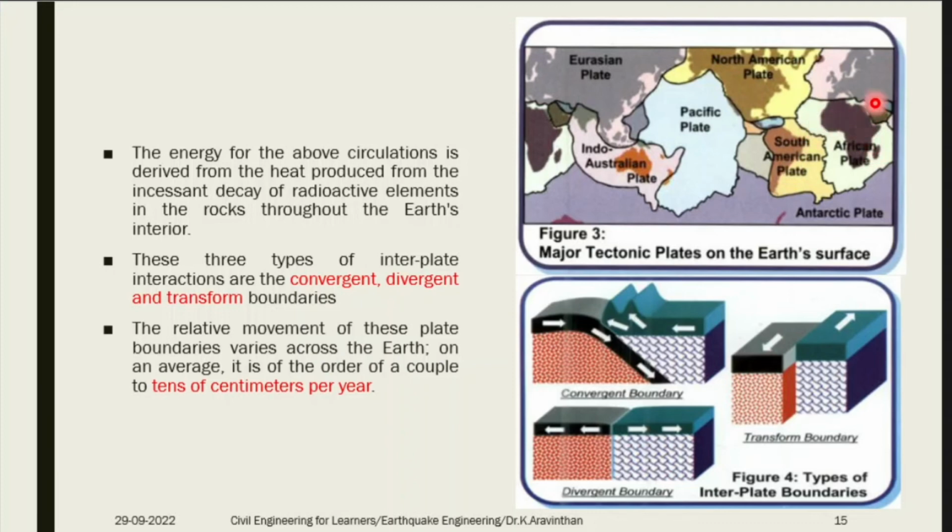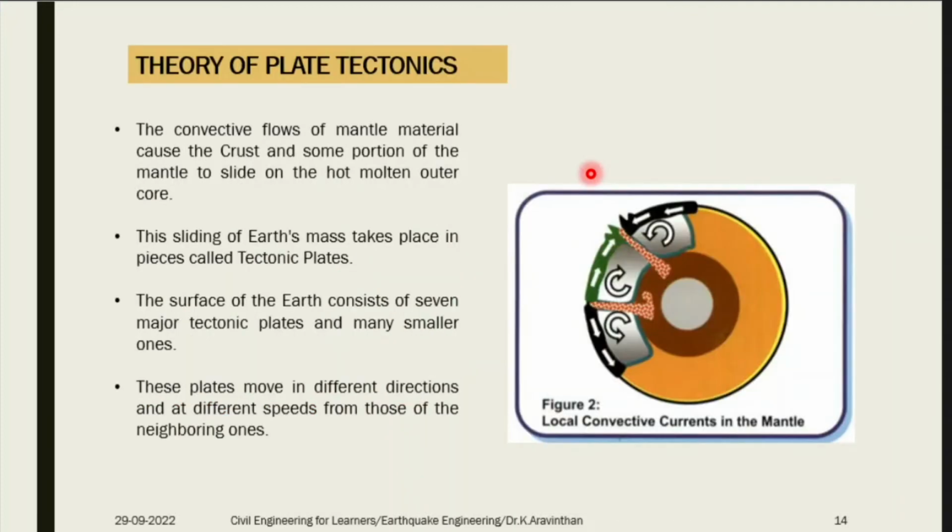You can see these major plates. Now you have to imagine that these plates are just placed in molten lava. So slowly, due to this convective flow, some plates will converge like this, and two other plates will diverge.